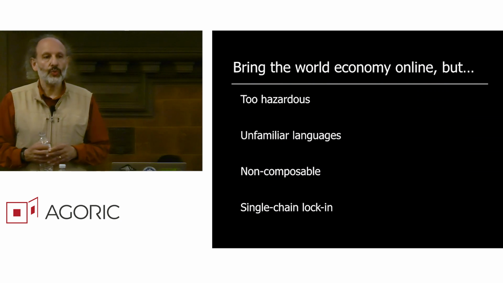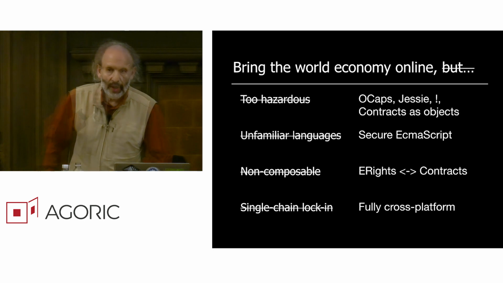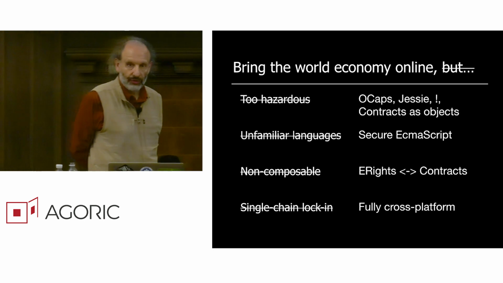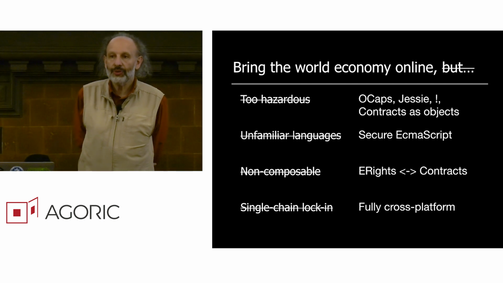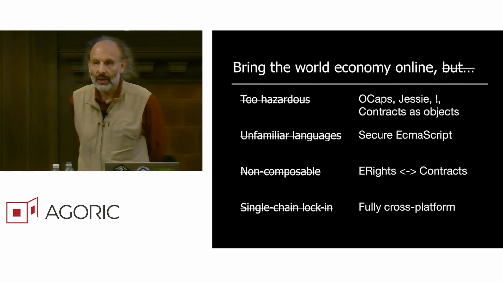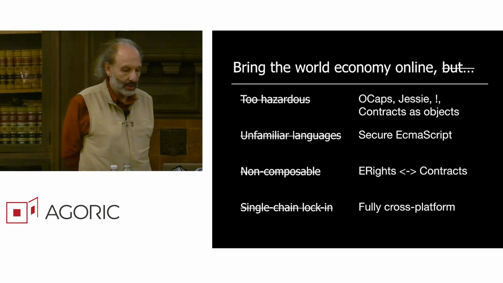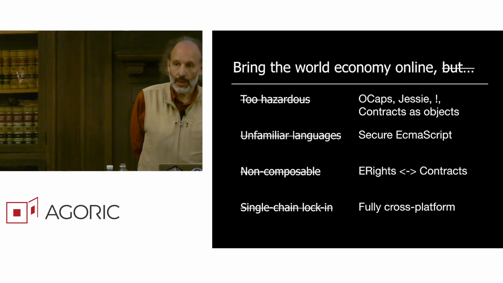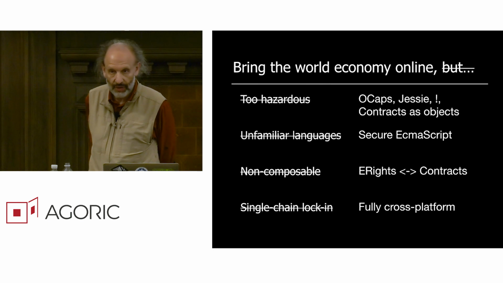So, how did we do on the challenges we set out to solve? We addressed the hazardousness by creating a computational paradigm for doing secure distributed programming that can be used more reliably and more understandably by introducing object capabilities, by identifying this disciplined subset of JavaScript, Jessie.